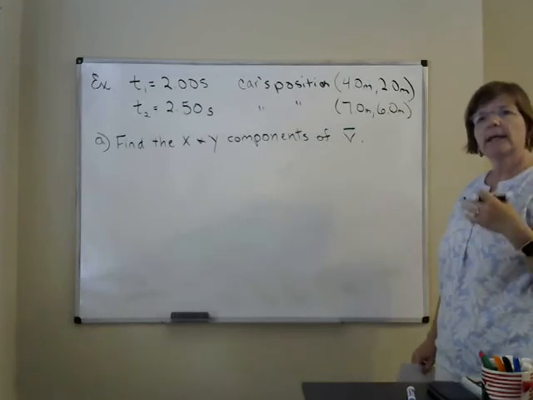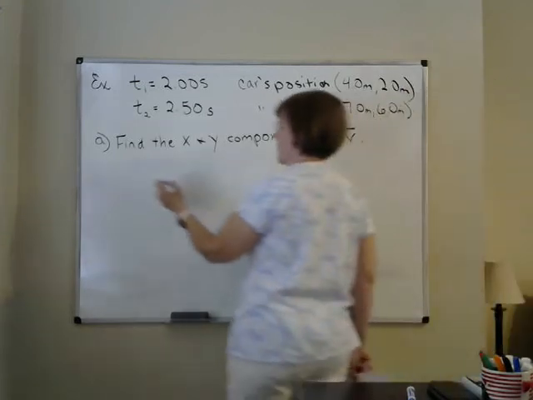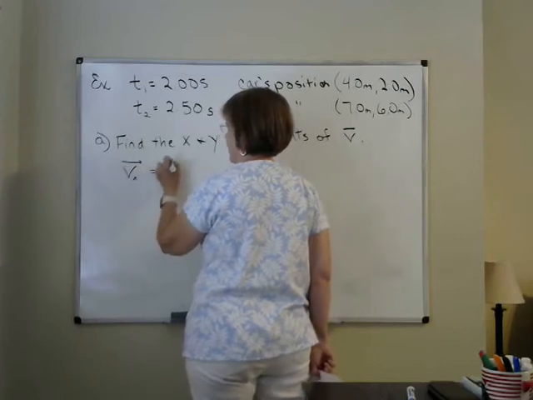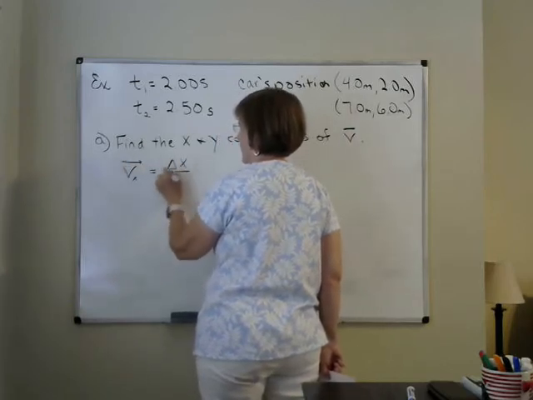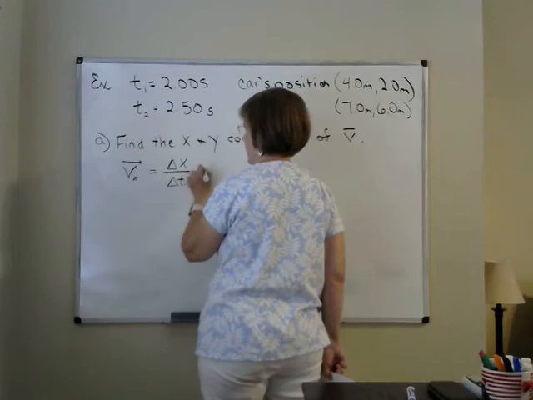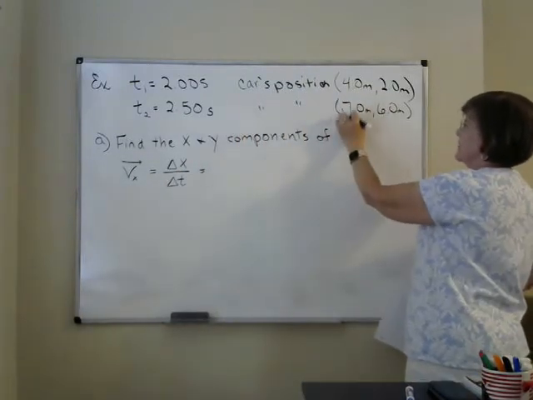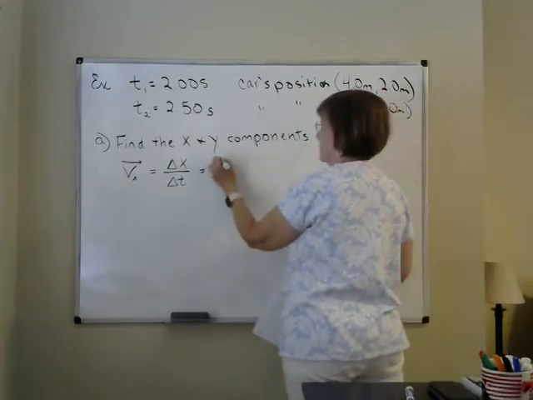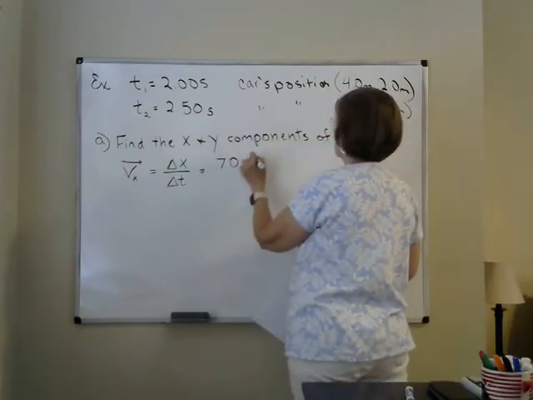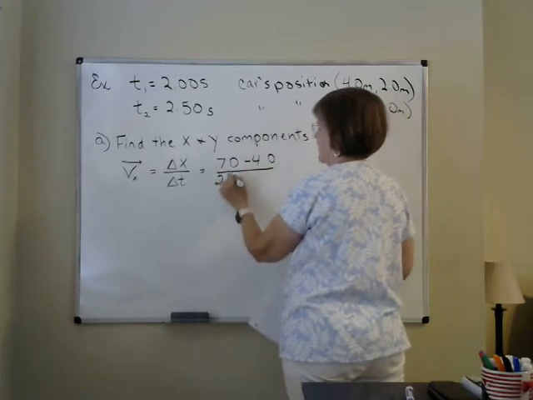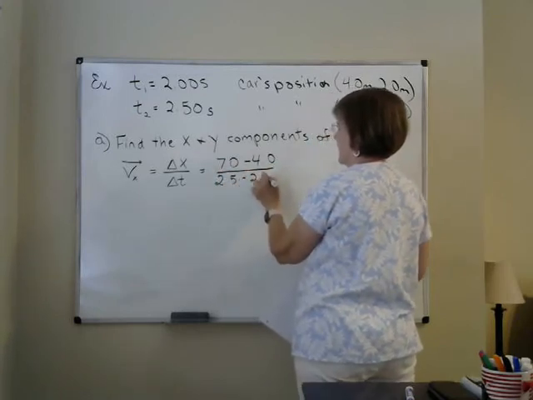All right, the x component of the average velocity, or Vx, is simply the change in x over the change in time. Well, I look here and see how my x position has gone from 7 to 4, so final minus beginning, over change in time, final minus beginning.